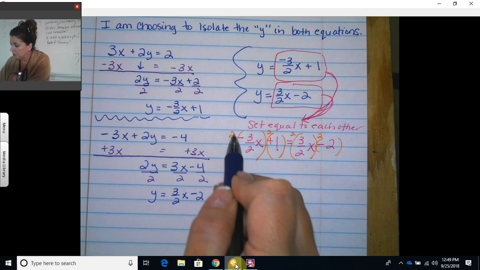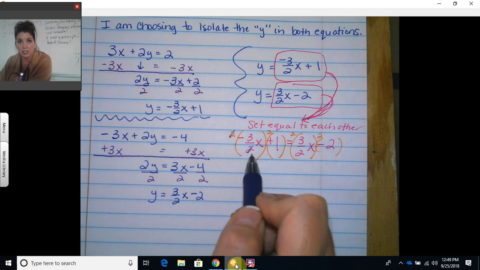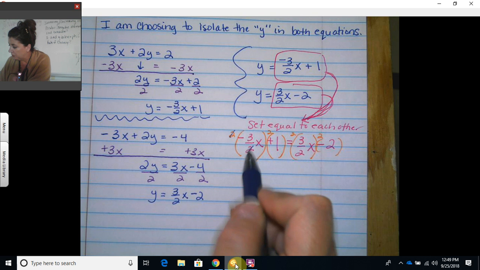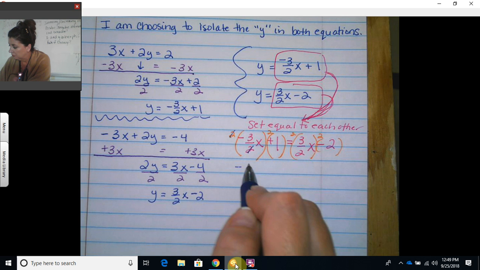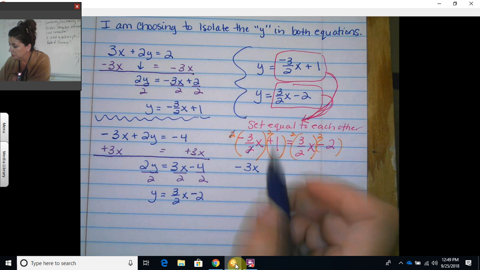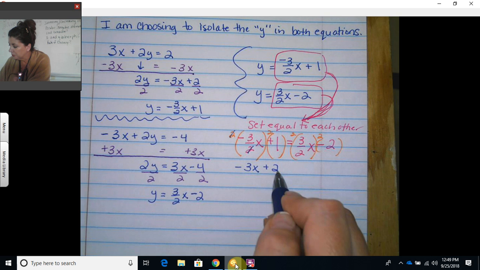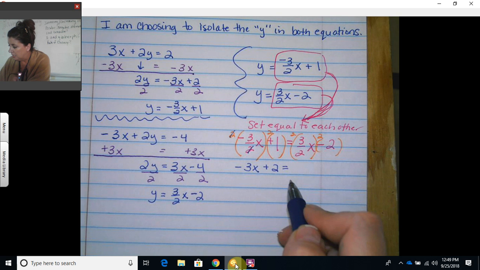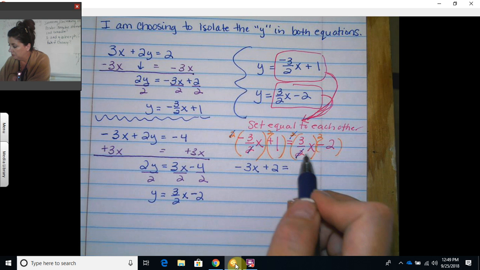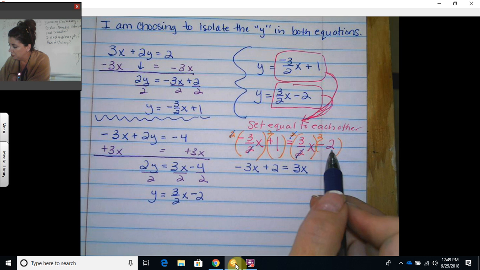This 2's in the numerator, this 2's in the denominator, so they're going to cancel each other out. And I'm left with negative 3x. Next term, 2 times positive 1 is positive 2. Don't forget to bring down your equal sign. And the next term, this 2's in the numerator, this 2's in the denominator, so we say they cancel. And leave me with 3x. And then I have 2 times negative 2 is negative 4.